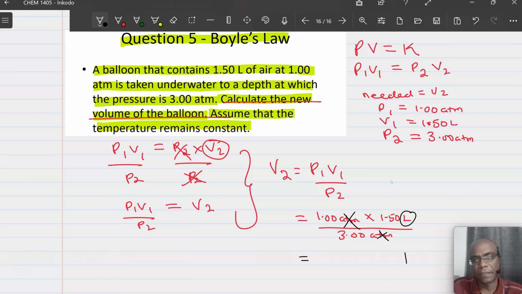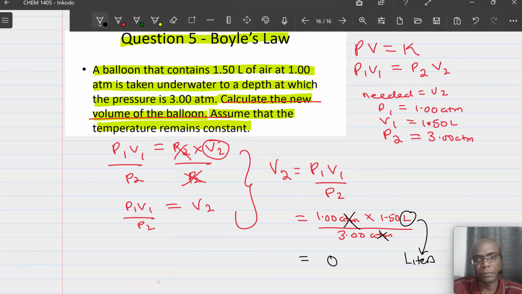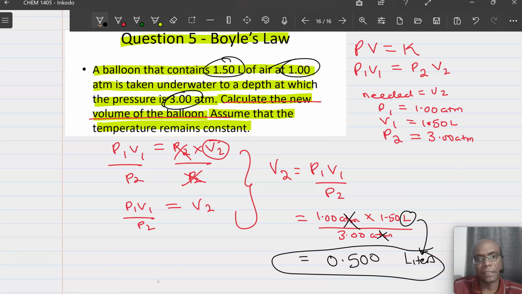Remember, the answer is going to be in liters, since that did not cancel out. 1.5 divided by 3, you know the answer is 0.5. The least number of sig figs I have is 3, so that's how I'll express my answer, and that is our needed final volume. It asked us to calculate the new volume of the balloon, and it turns out to be 0.500 liters.